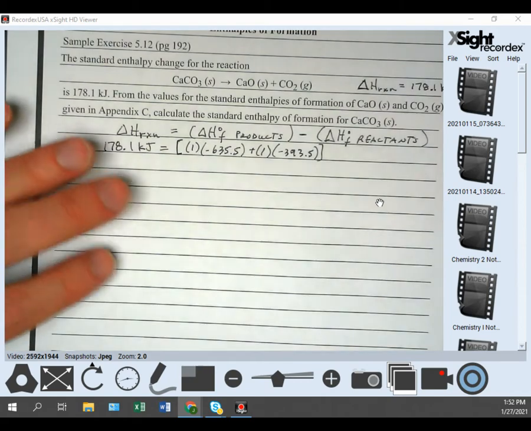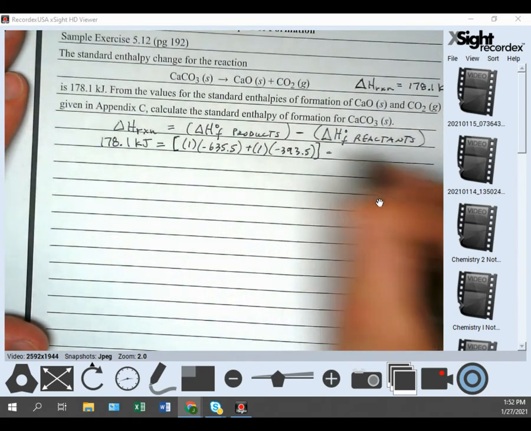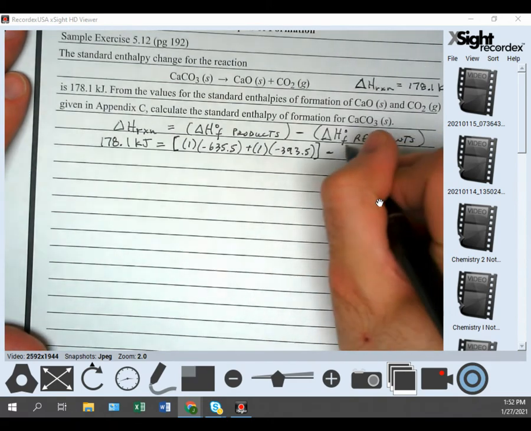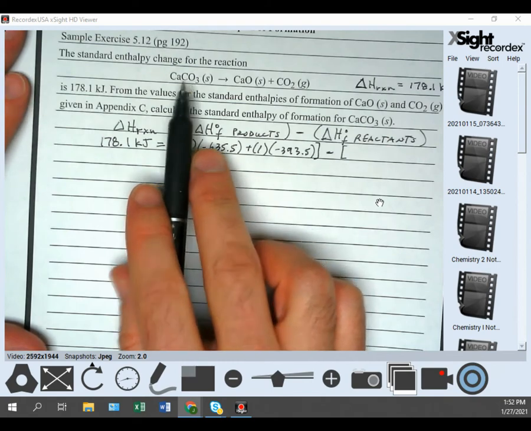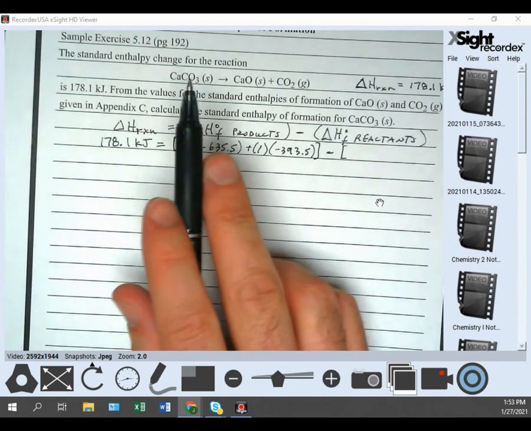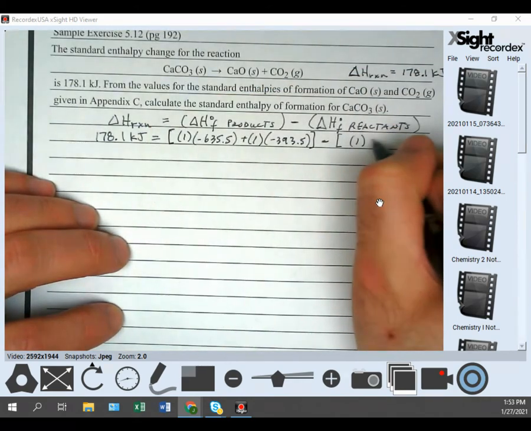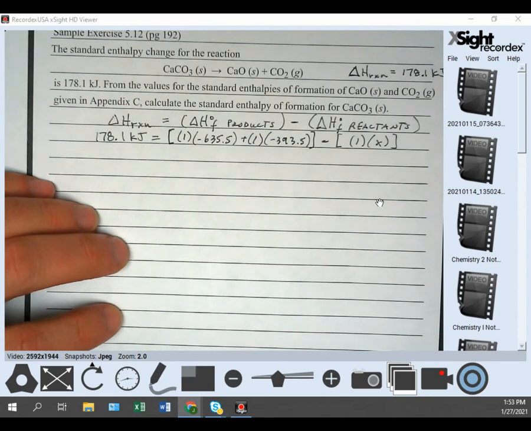Everybody okay with where I'm getting the numbers from so far? Okay, then minus the delta H of formation of the reactants. Well, we only have one reactant, right? But guess what? That's what we're looking for. So we got 1 times x, like that.